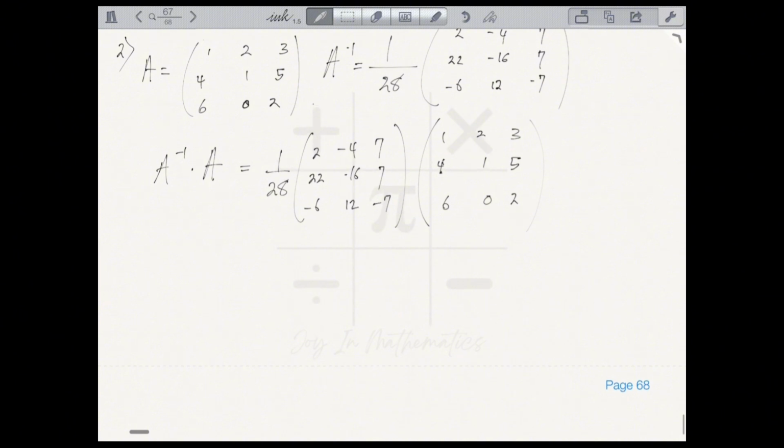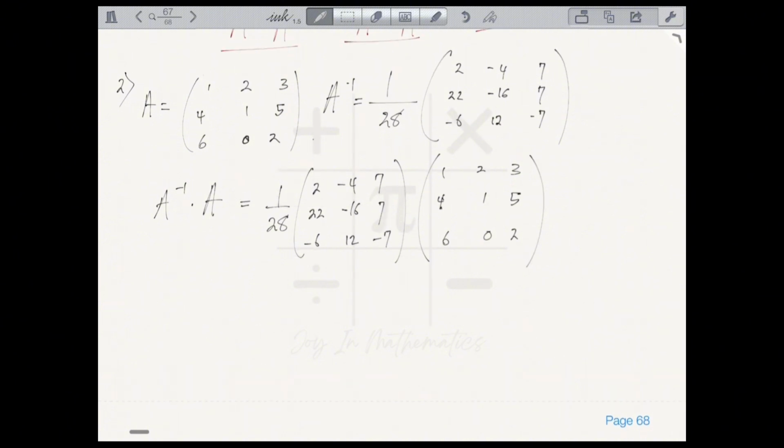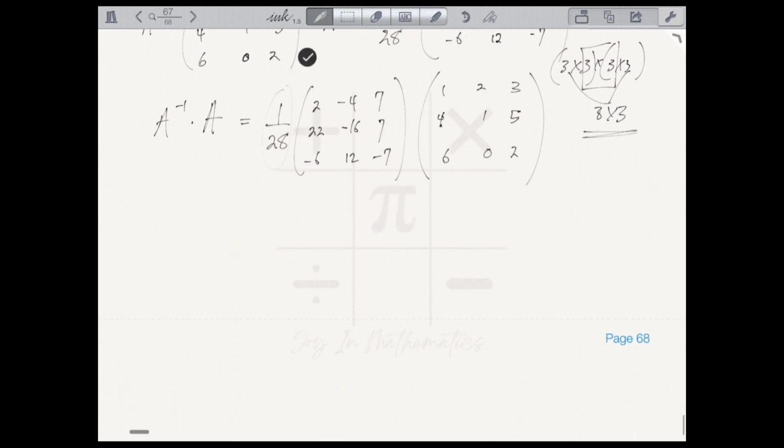Now don't be scared, it's just a 3 by 3 matrix multiplied by a 3 by 3 matrix. So if a 3 by 3 multiplies a 3 by 3, the result will definitely be a 3 by 3 matrix. So let's go about this. Remember, 1 over 28 is just a scalar multiplier. All right, so let's deal with this first.